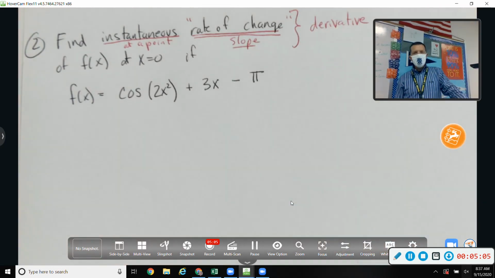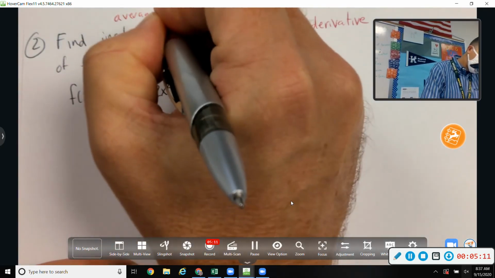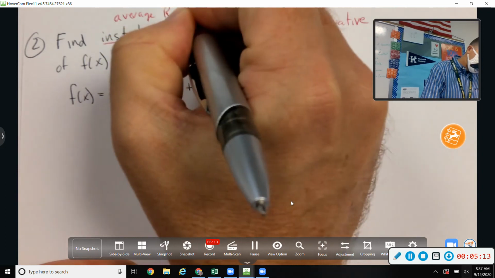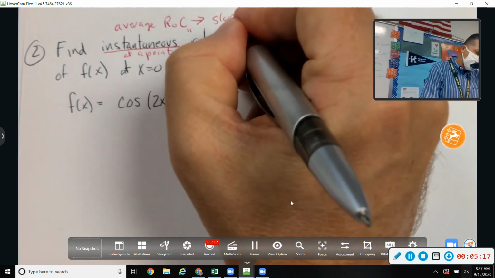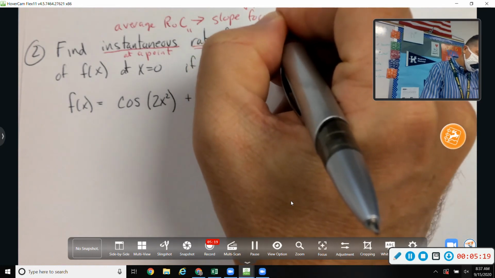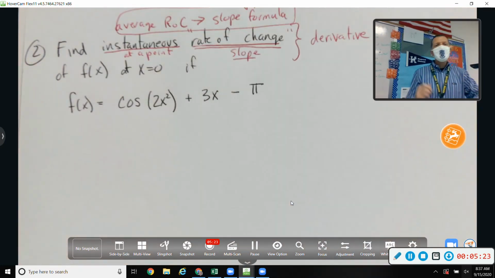So instantaneous rate of change means derivative, and like you guys said earlier, average rate of change, that would mean just the good old slope formula. So that's a separate problem, but that's average versus instantaneous rate of change. I use both of those terms on the test, so make sure you understand they both mean slope, but they're not exactly the same. One's algebra slope, one's calculus slope.